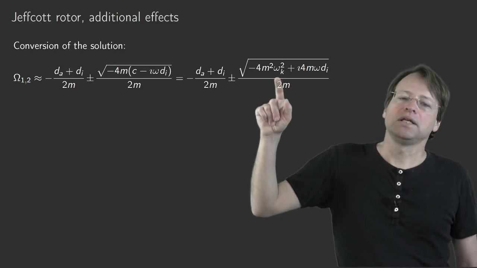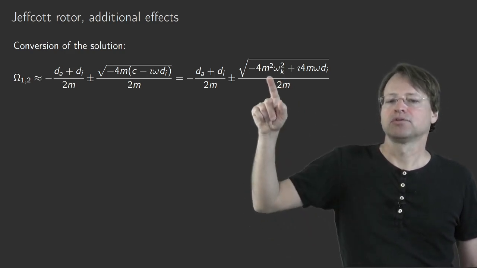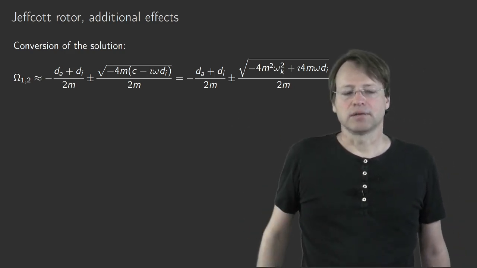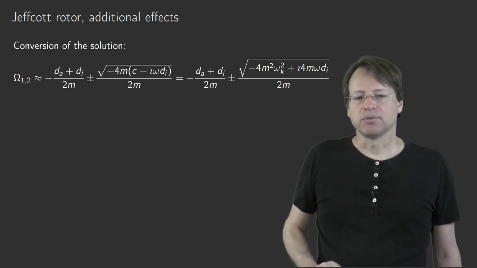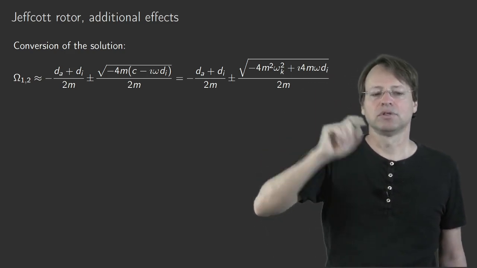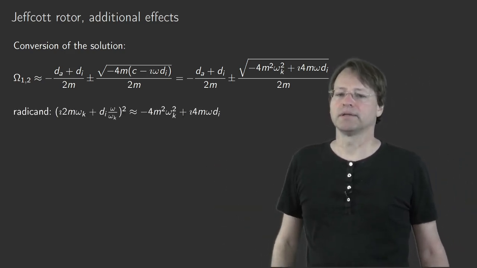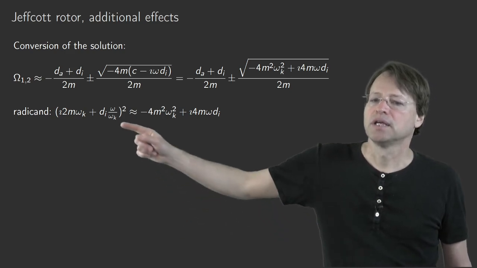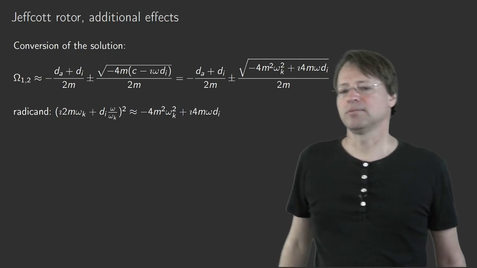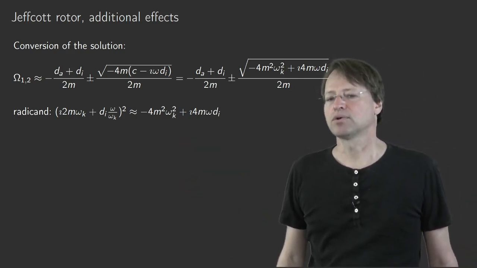So what would be a quadratic term that corresponds to the radicand, so that we can easily take the root here, and which is obtained by neglecting squares in the damping, so terms in dI squared? Well, I would propose the following one: i 2m omega k plus dI omega by omega k, and the whole expression is then squared. Let's check what we would obtain.